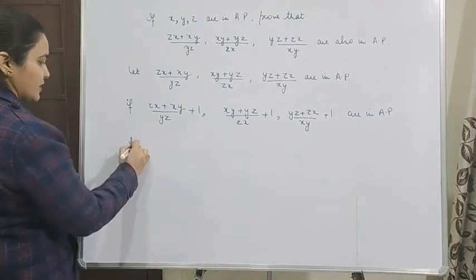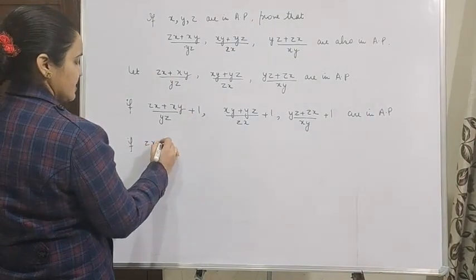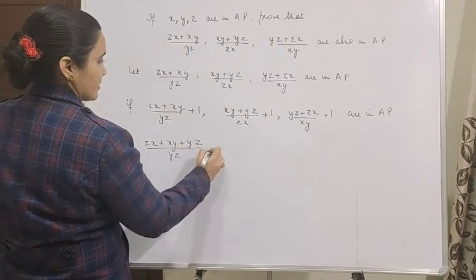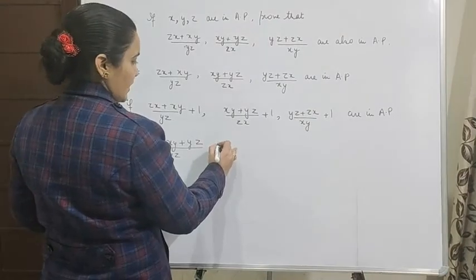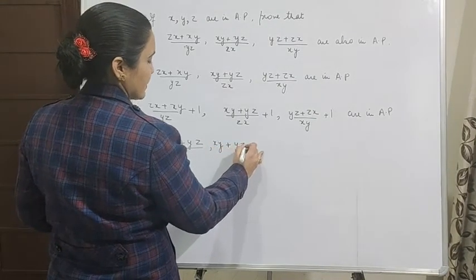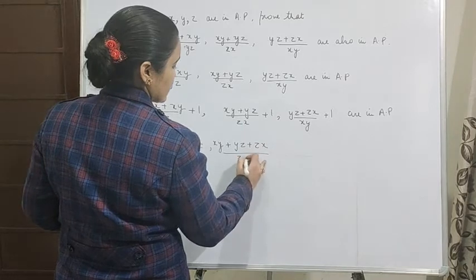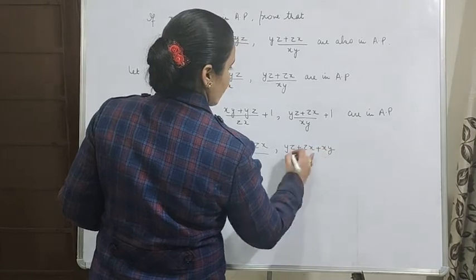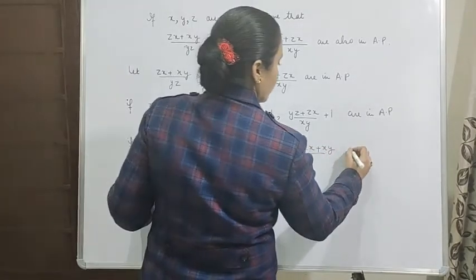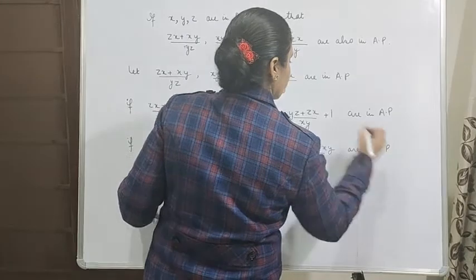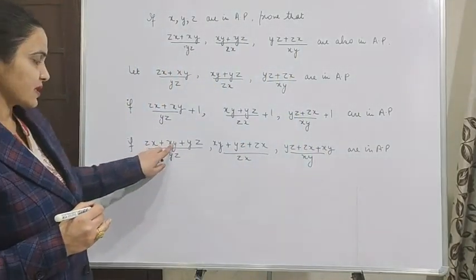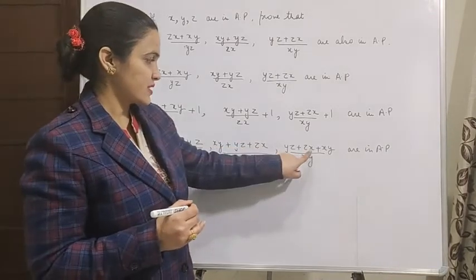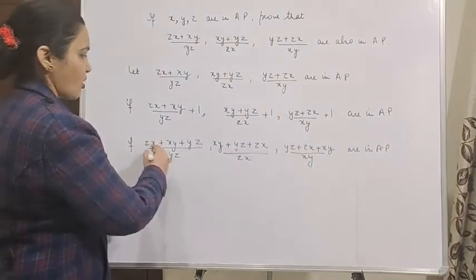Let us now calculate (zx plus xy plus yz) upon yz, (xy plus yz plus zx) upon zx, (yz plus zx plus xy) upon xy are in AP. Now these numerators are all the same.